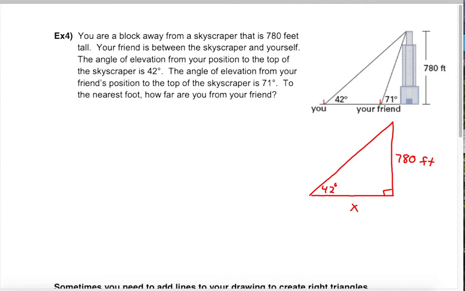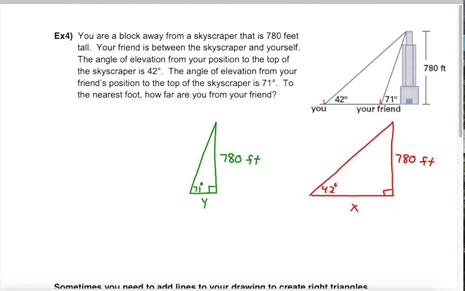Now your friend is standing a lot closer to the tower, and we can make a right triangle for your friend. And you'll have your right angle here. This is still 780 feet. That's the height of the building. But now the angle is 71 degrees. And so you can figure out this distance here. Why?